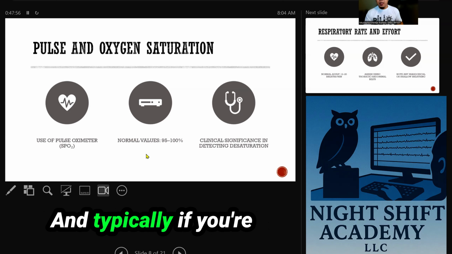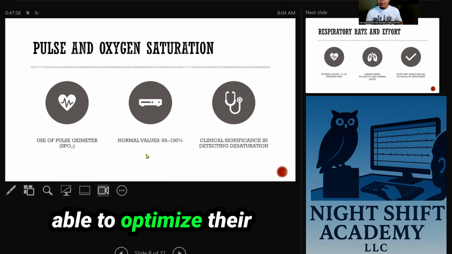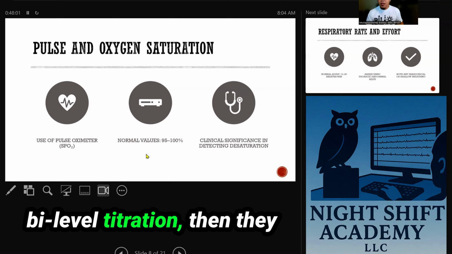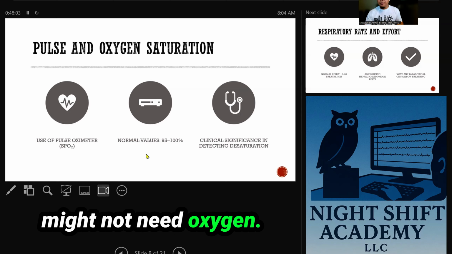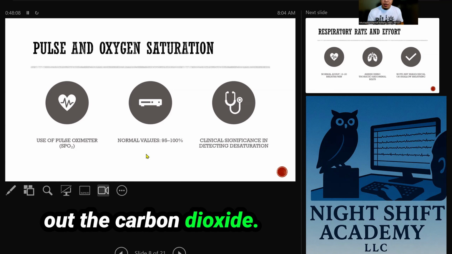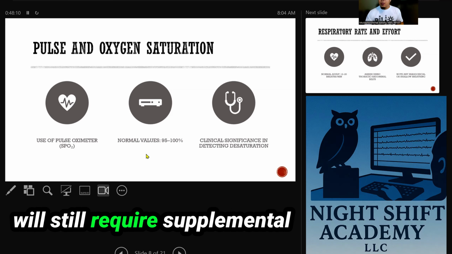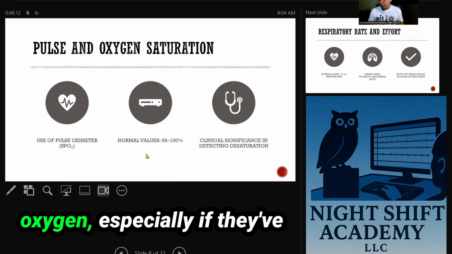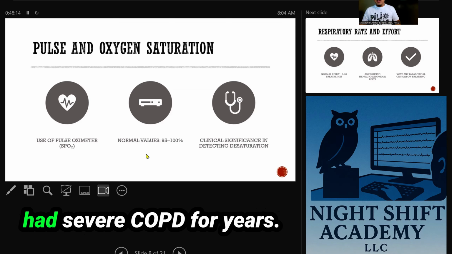And typically, if you're able to optimize their bilevel titration, then they might not need oxygen, because then you're able to help them exhale out the carbon dioxide. But some of these patients will still require supplemental oxygen, especially if they've had severe COPD for years.